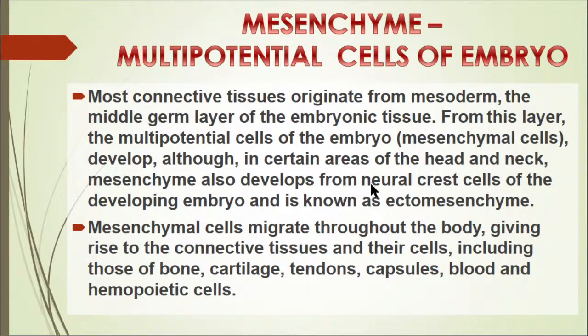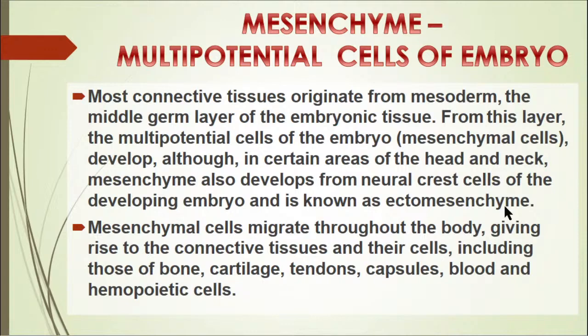For example, one direction of this development is neural crest cells, which give ectomesenchyme in the head and neck. We also have mesenchyme which originates from mesoderm, the mesodermic part of mesenchyme. And mesenchyme also originates from entoderm, the mesenchyme in the intestinal tract.